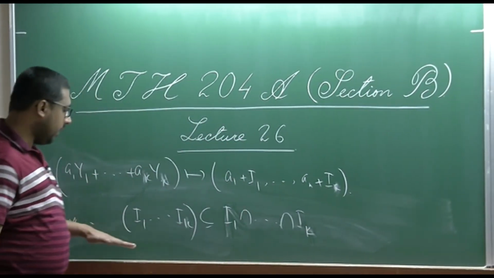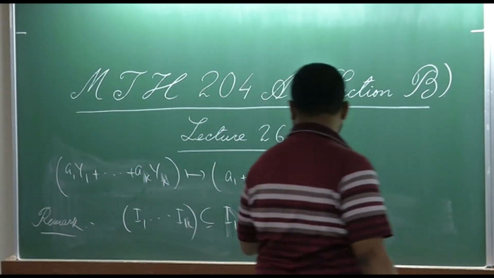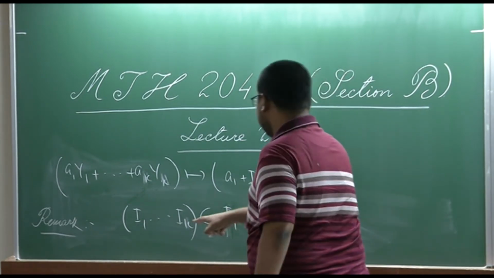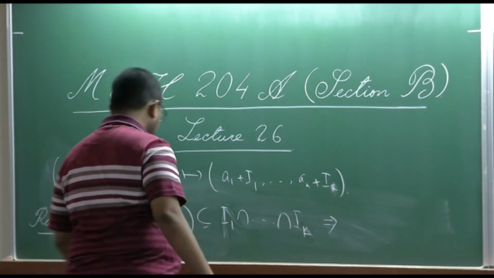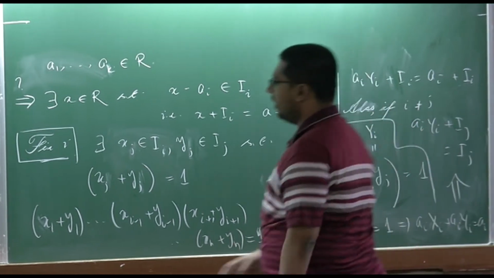Now, since the collection is pairwise co-prime, we will argue that this implies in fact there will be an equality. How? This actually follows from what is already in the proof of the Chinese remainder theorem.